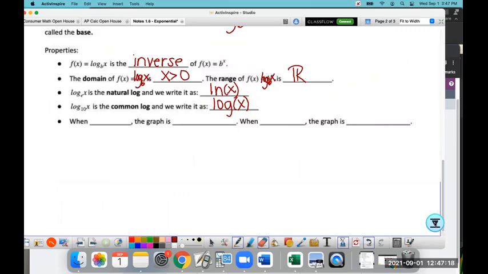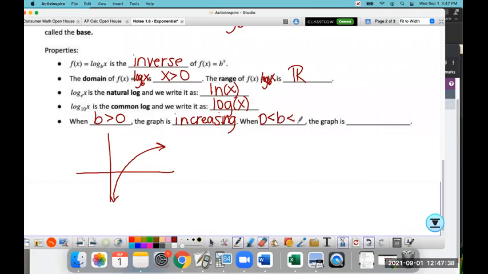So when b is greater than 0, just like last time, our graph is increasing. But it's increasing in a different way. It'll be increasing like this. And then if b is between 0 and 1, the graph is decreasing.